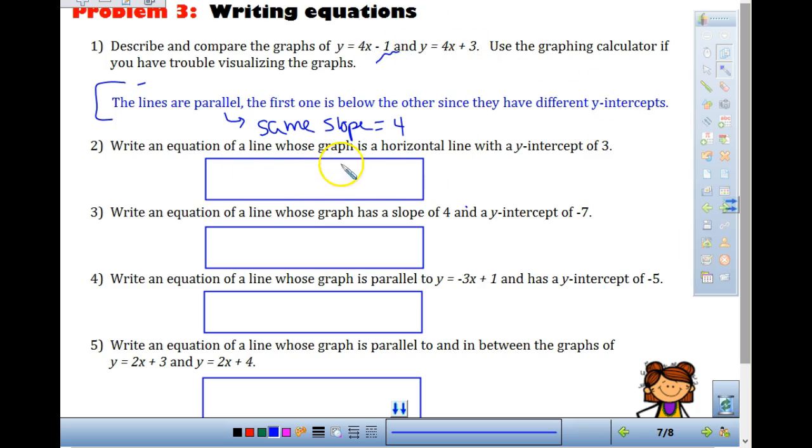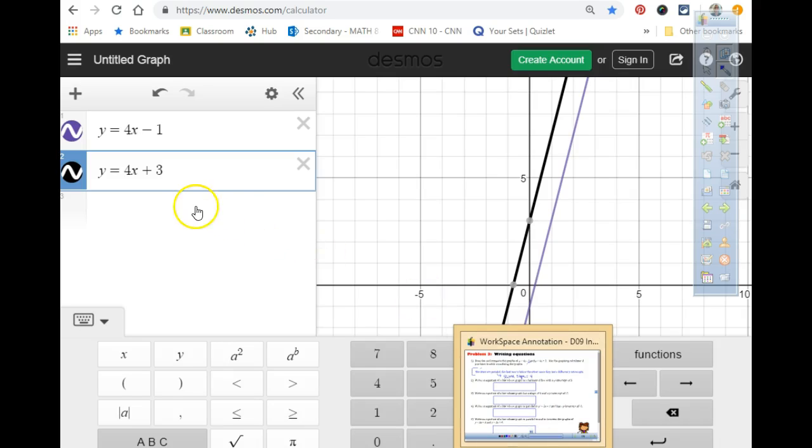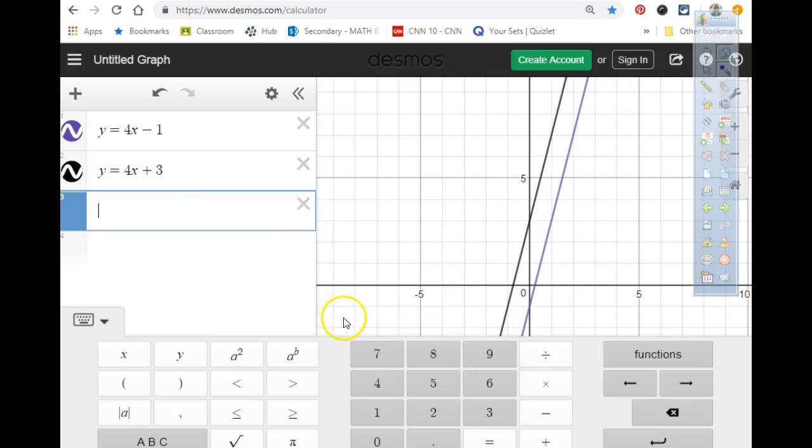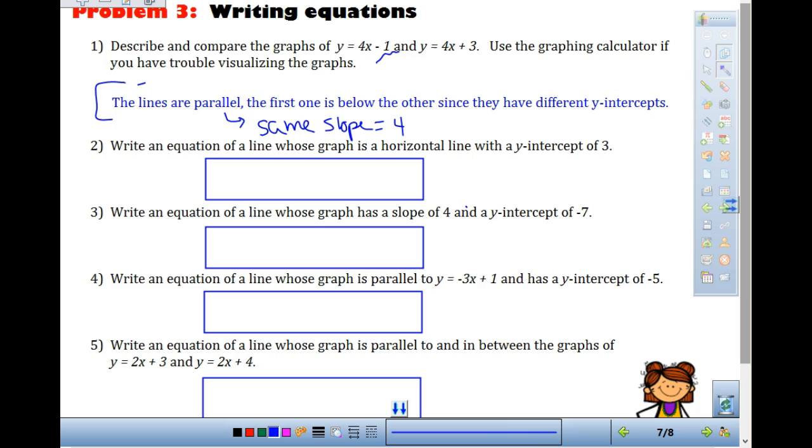It says write an equation for a line horizontal, y-intercept 3. So go to your graphing calculator. Horizontal, y-intercept 3. What is my equation going to be? Y equals what kind of a number that's going to meet this equation?